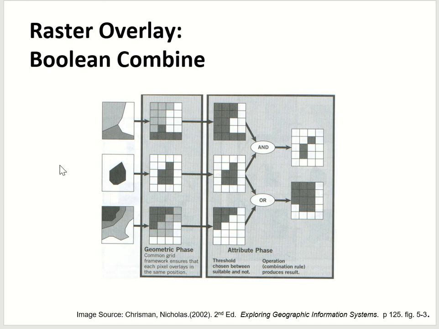So I mentioned how this comes into GIS work, often through raster data analysis, Boolean combining of data. So here we might have different categorical areas, whether as vector polygon, converted to raster.